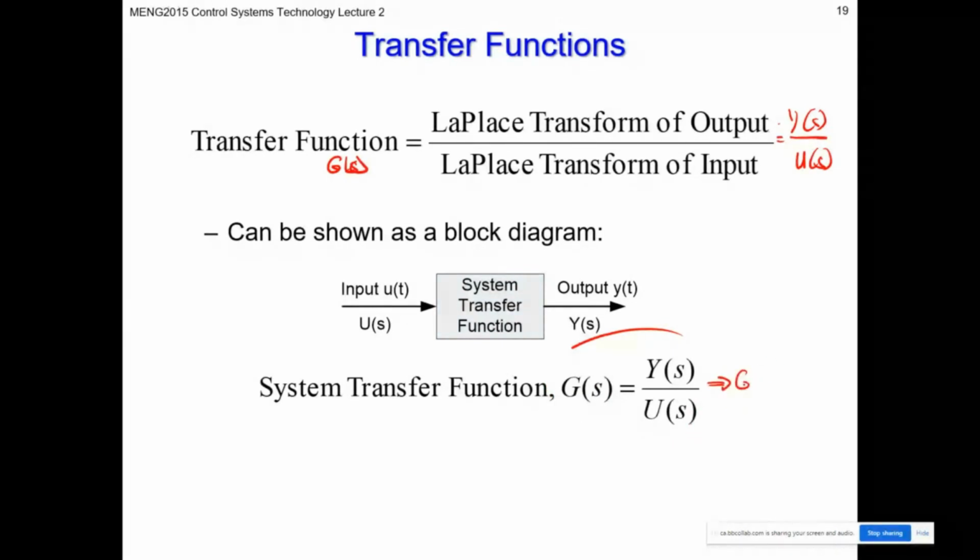That means that output y equals g times u. And this is where solving these transfer functions in the S domain becomes really easy, because that's just an algebraic manipulation to get our output. So we just multiply our transfer function g by our input to get our output. Dead easy.